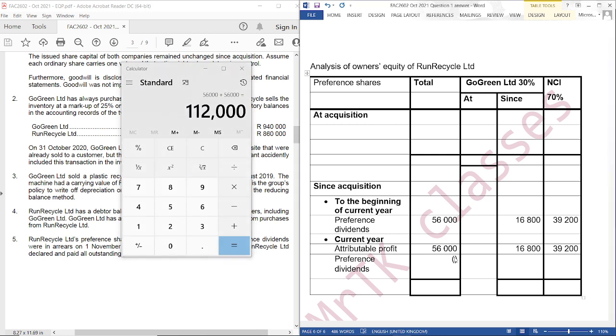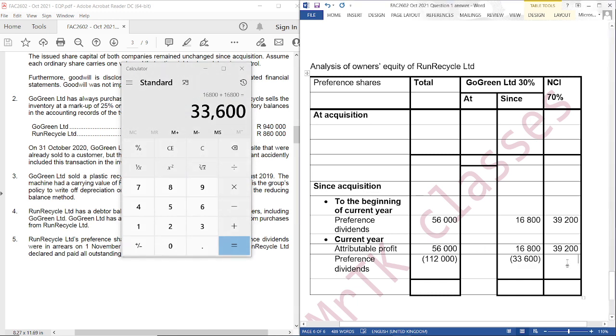This is all outstanding, right? Okay, 112,000. Then here 16,800 plus 16,800, 33,600.